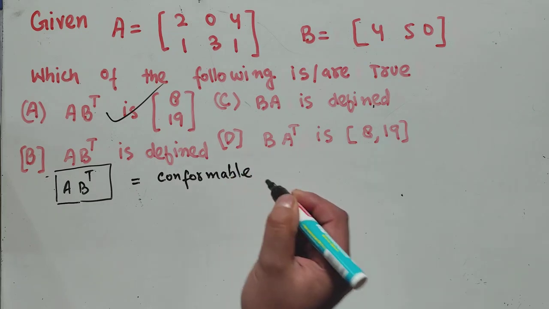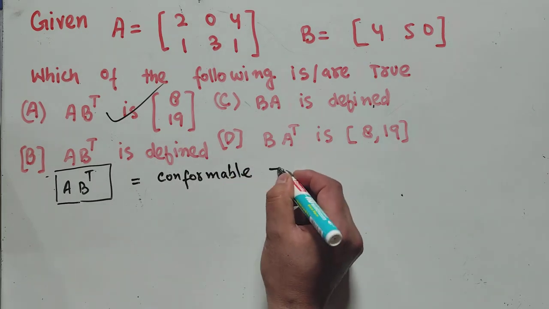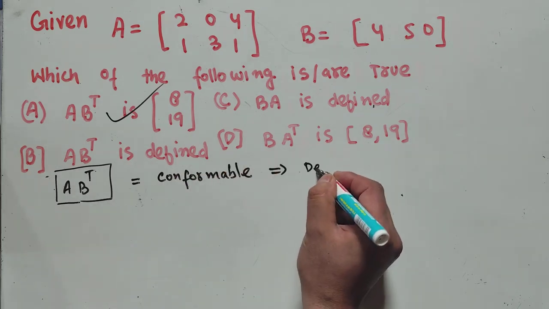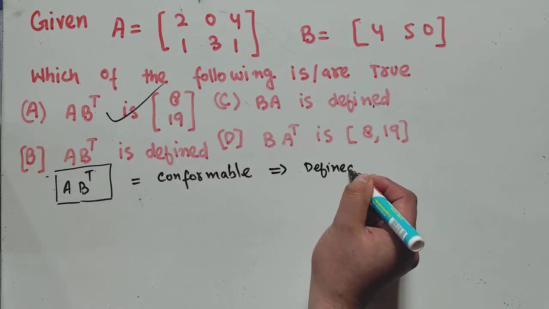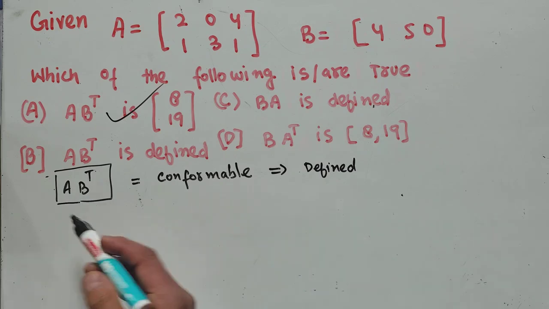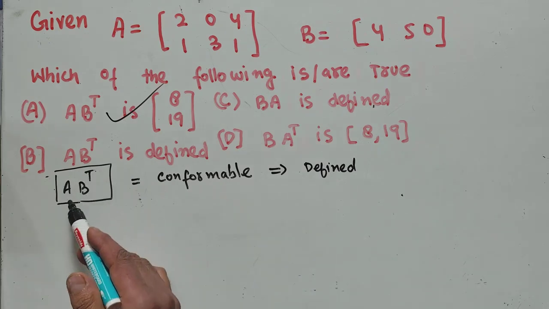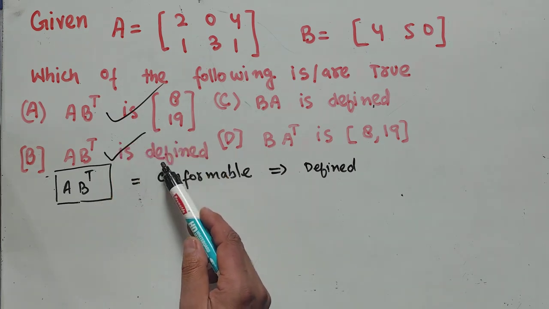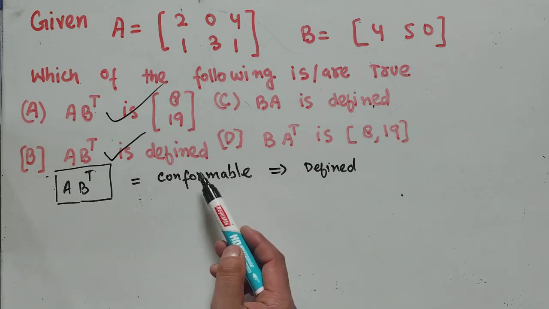If it is conformable, that means the product is defined. Earlier we saw that we can do the multiplication of A times the transpose of B. So this option is also correct, because the product is defined if the matrices are conformable.